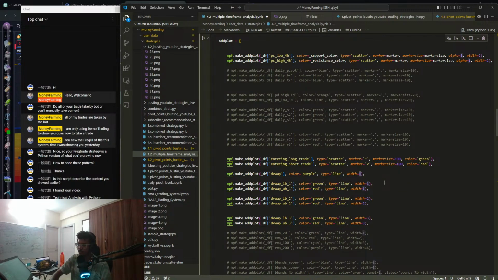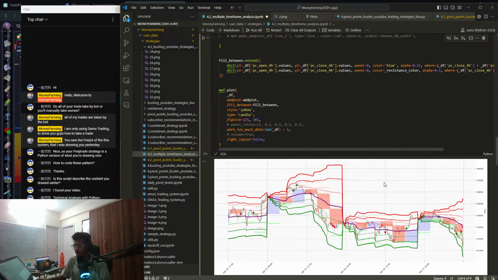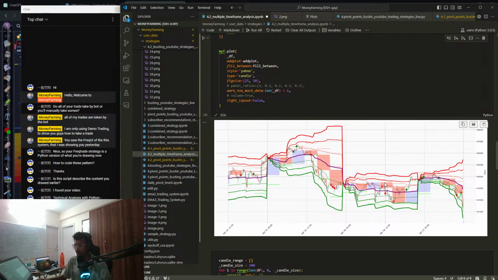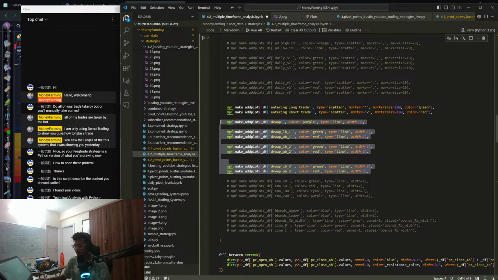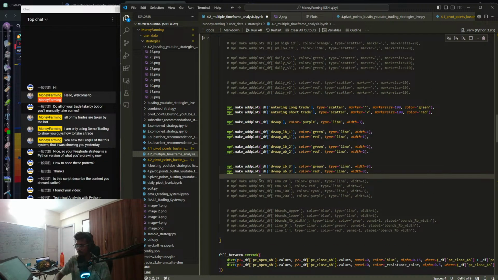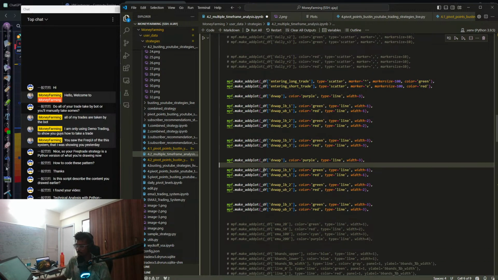I'm gonna make it bigger, 3, I think. And then I can also overlay the weekly, because on the weekly it will make sense as well.